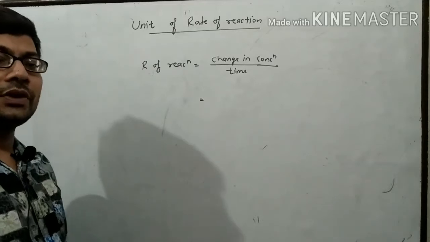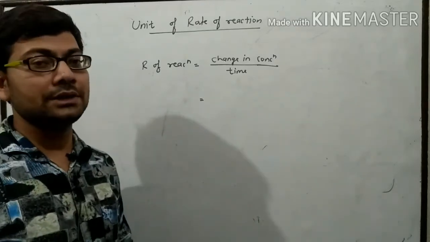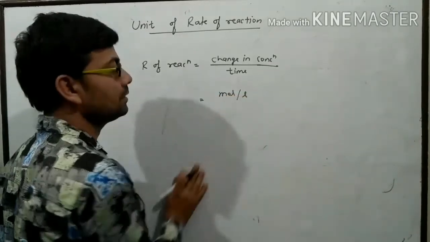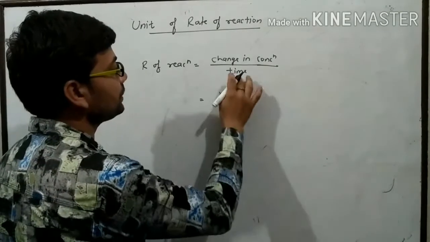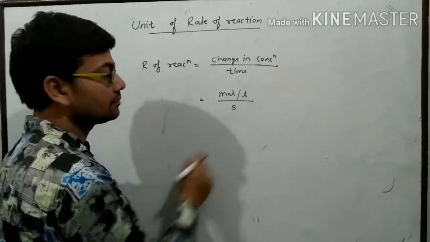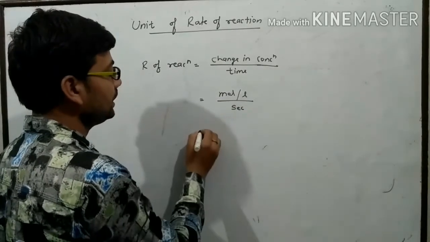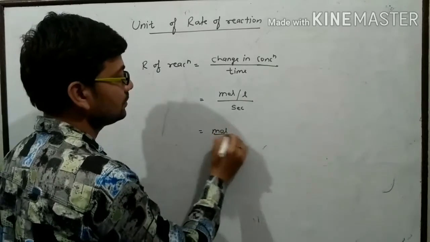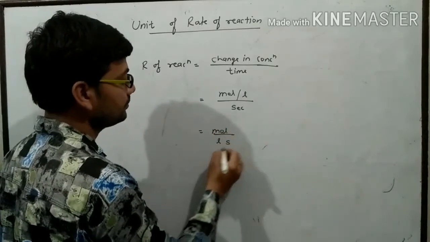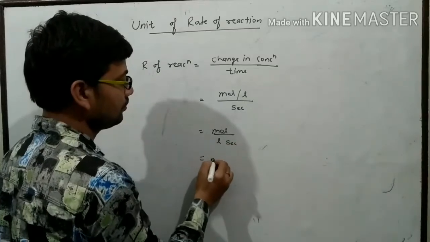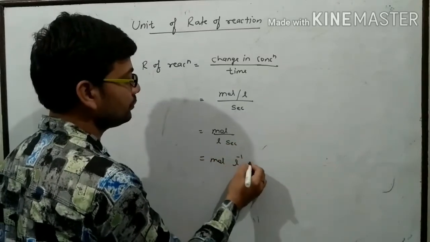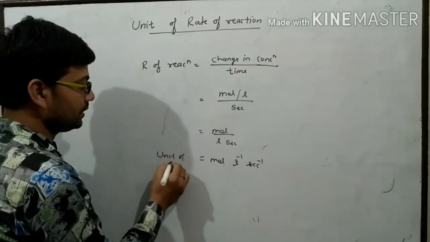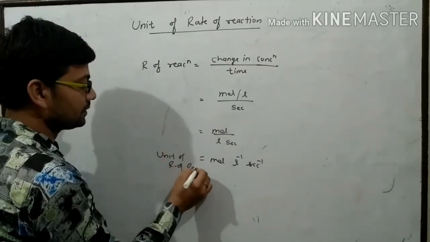As you know, the concentration is expressed in mole per liter, and the time is taken in seconds. Then what is the unit of rate of reaction? Mole per liter per second, means mole liter inverse second inverse. This is the unit of rate of reaction.